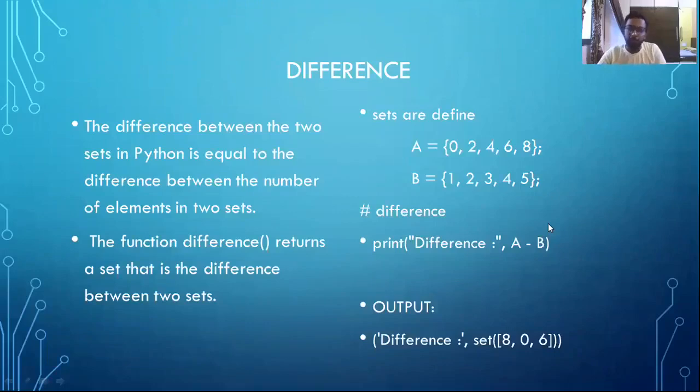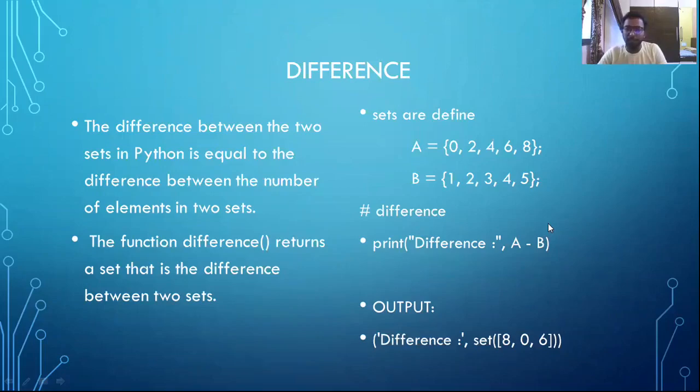Now I would like to move forward to set difference and set symmetric difference. First let us see what is set difference. The function difference method returns the set that is the difference between the two sets.